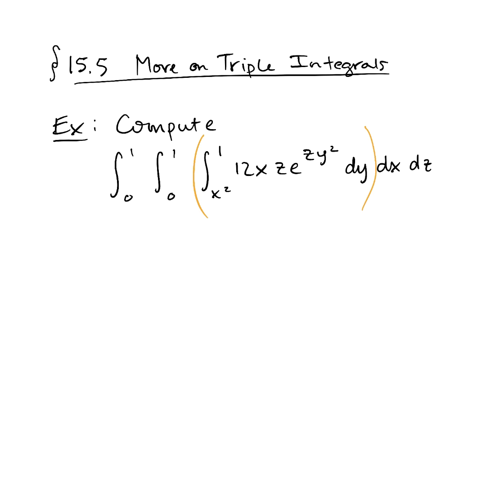X and z are constants as far as y is concerned. And so basically you're integrating e to the y squared dy. And that integral is super hard, if not impossible. It's not clear how to even start with that innermost integral if this is the order of integration.